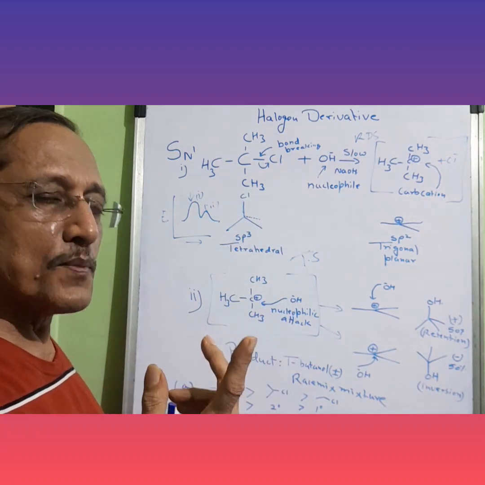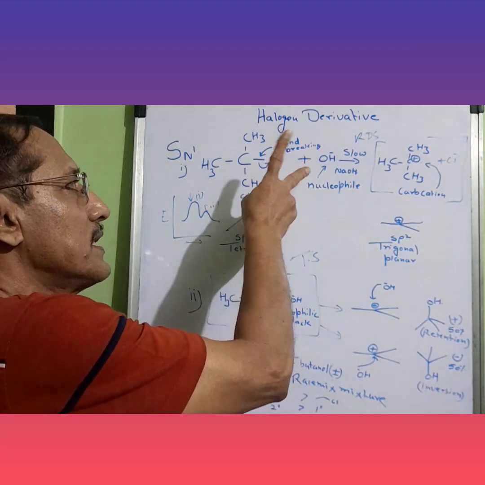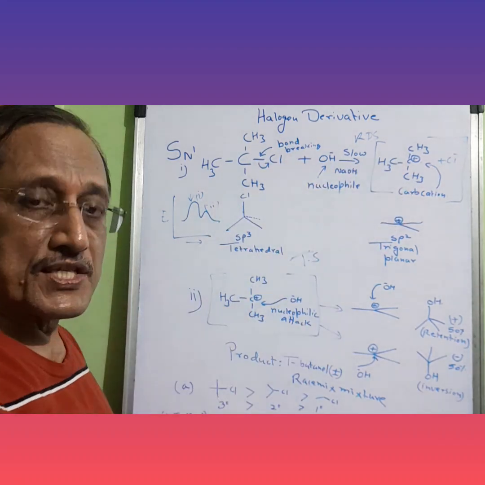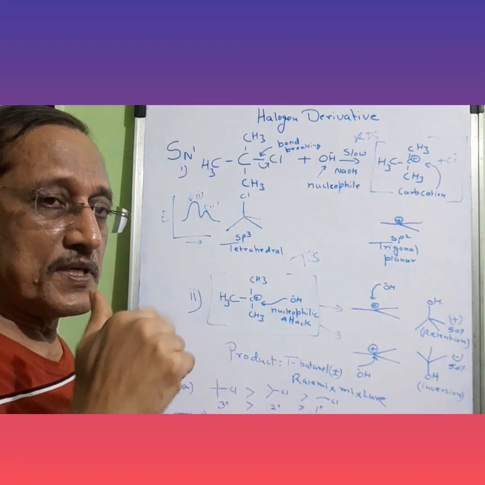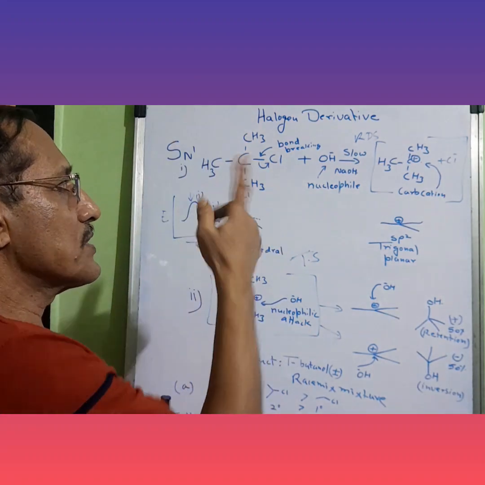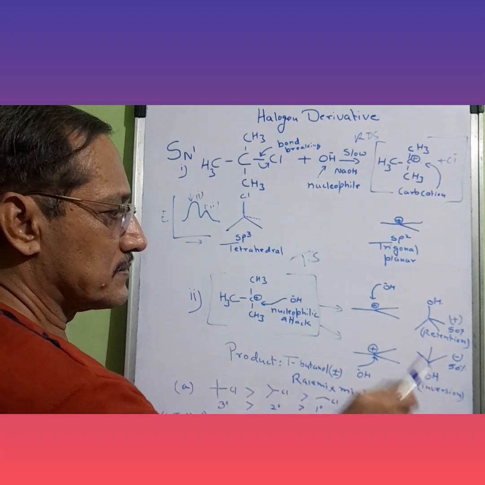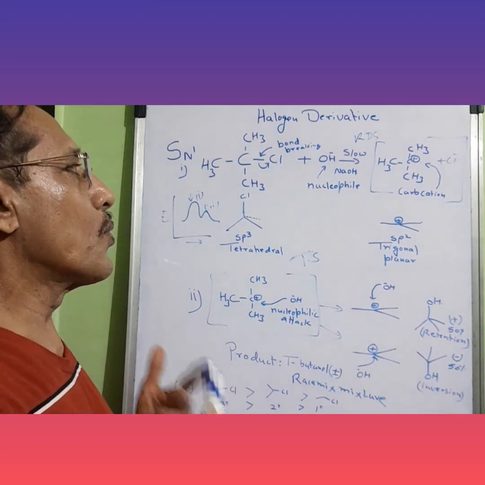Whereas when we go to the SN2 mechanism, you would find that both the molecules are involved in the transition state. Why substitution? Because Cl has been substituted by OH. Why nucleophilic?